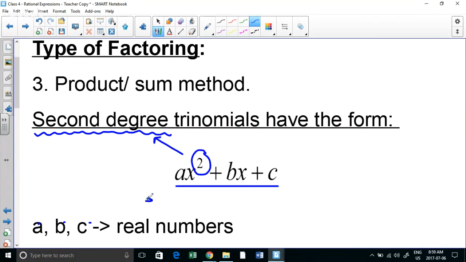An example of this would be 5x squared minus 12x plus 52. No matter what the numbers are, as long as they are numbers, we have a second degree trinomial.